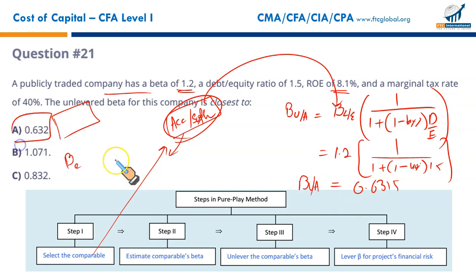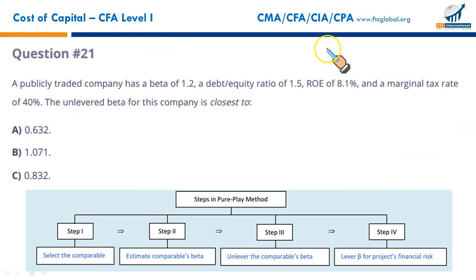The next step, which hasn't yet been covered in this question, is that I will relever this beta according to my debt to equity ratio. Let's say my debt to equity ratio is 30%. Debt upon equity is 30%.